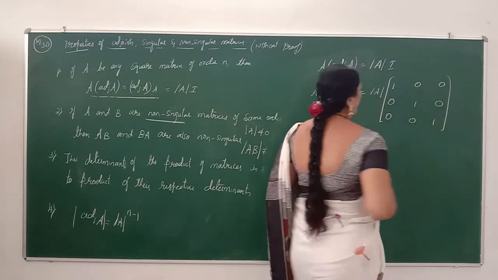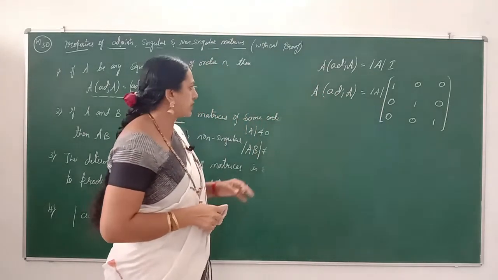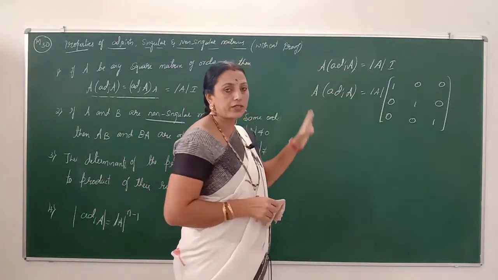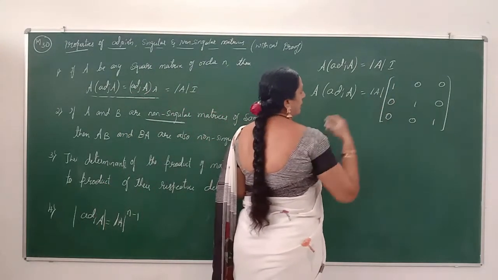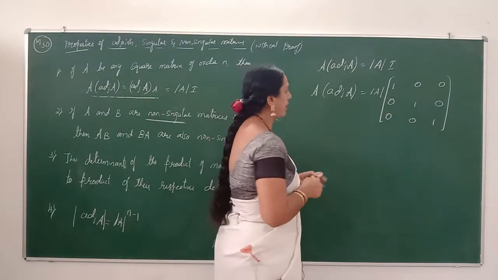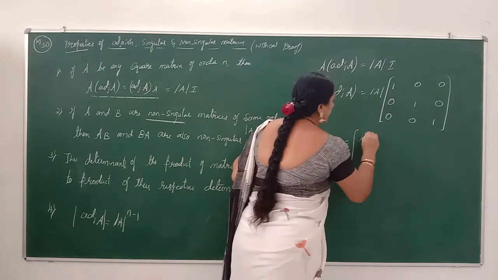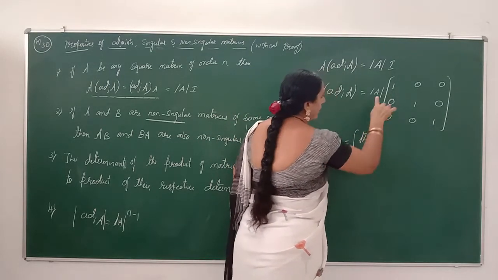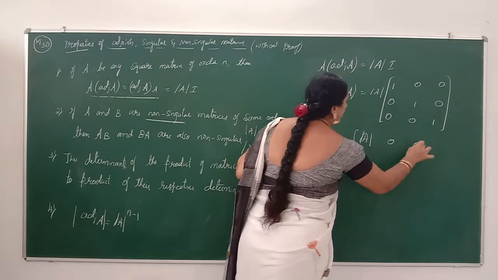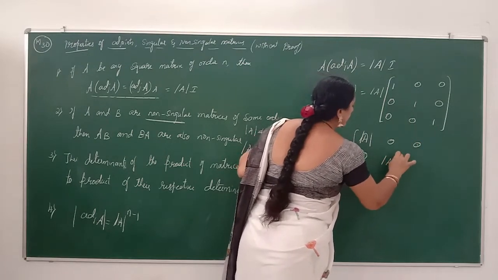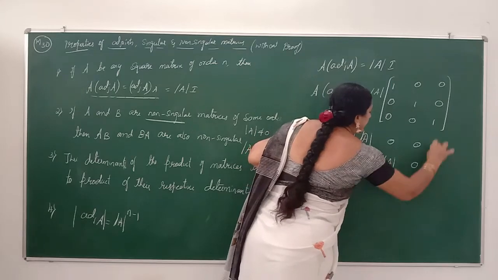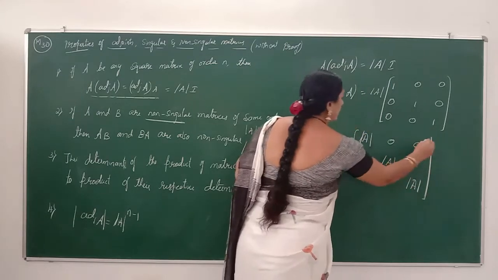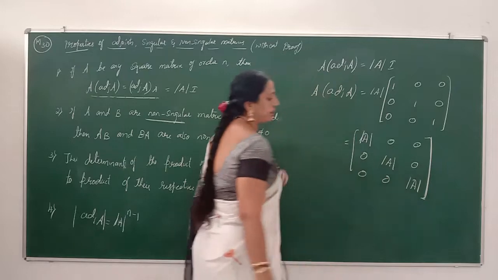We could consider either 2 cross 2 or 3 cross 3, but we will prove it using the elements of 3 cross 3 matrices. After that, it is multiplied with the determinant of A. That is determinant of A into 1 is determinant of A, into 0 is 0, 0, 0, determinant of A, 0, 0, 0, determinant of A. It is a scalar multiple of that matrix.